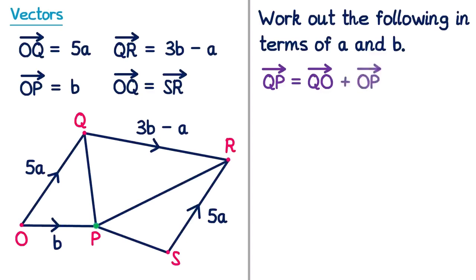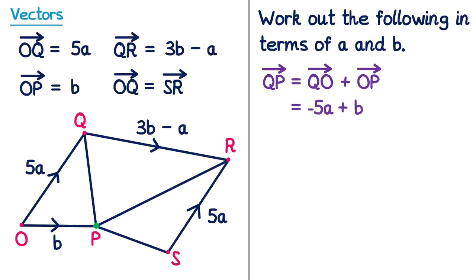So we could say that QP is equal to the vector from Q to O plus the vector from O to P. And we know both of those vectors. The vector from Q to O is the opposite direction of that 5a vector, so negative 5a. And the vector from O to P is just b, so it's plus b.